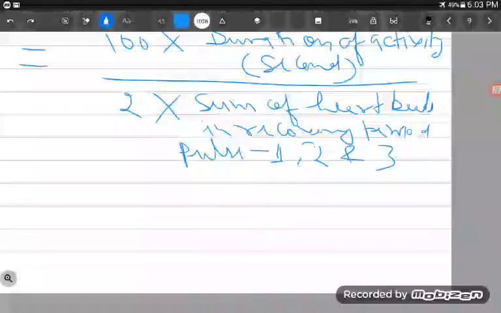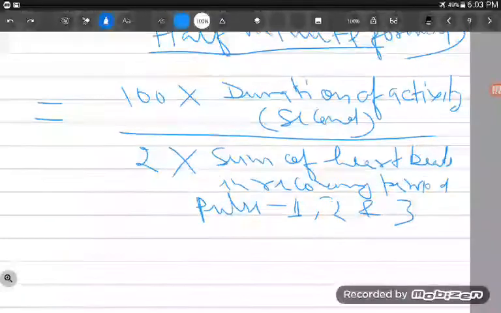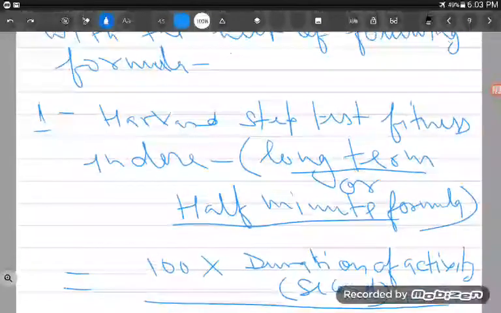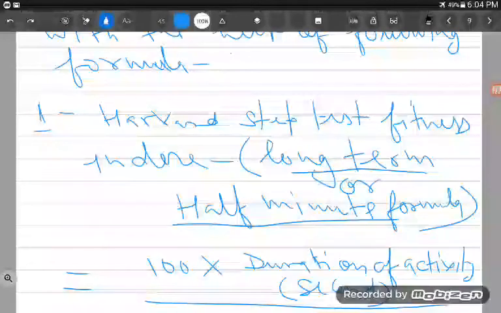The second formula, this is the formula number 1. Okay.